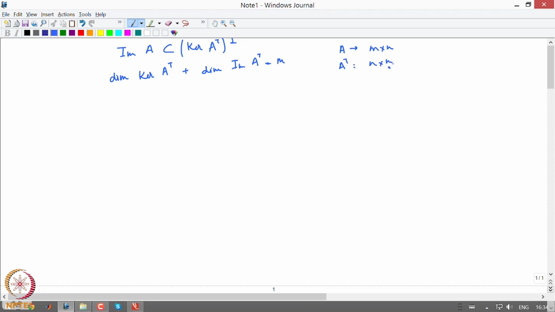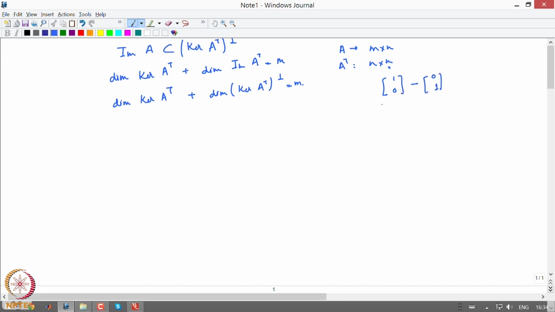Okay. The second thing is easy, and intuitively it should be clear, right. The dimension of the kernel of A transpose plus the dimension of the kernel of A transpose with its orthogonal complement is also equal to m. Say m equal to 2, if the kernel of A transpose looks like 1 0, then this orthogonal complement will necessarily be 0 1, and hence the total dimension is 2.